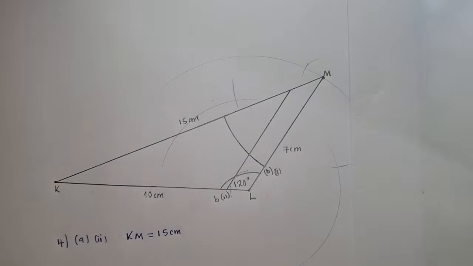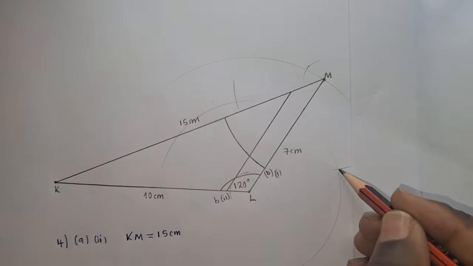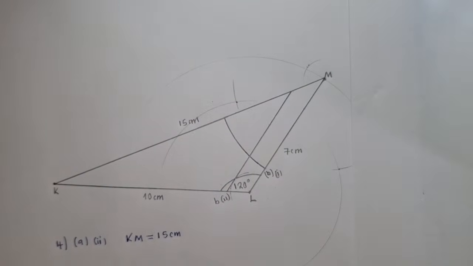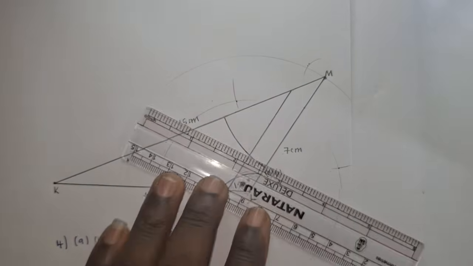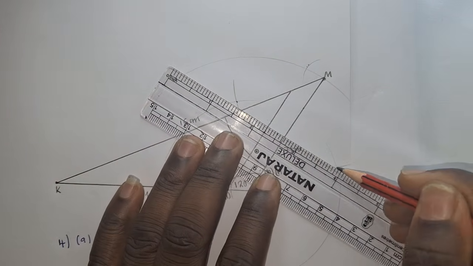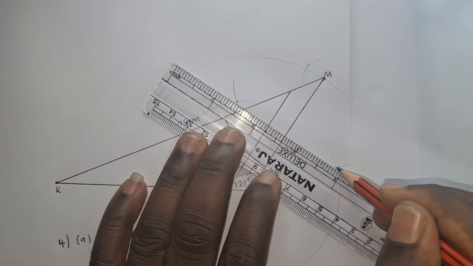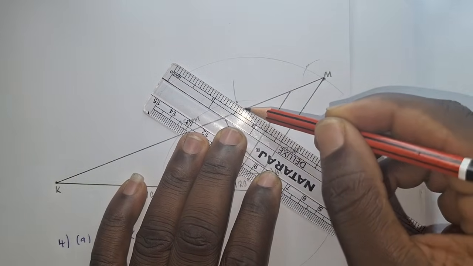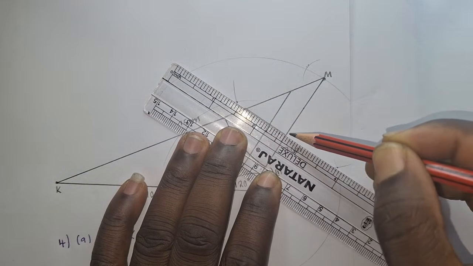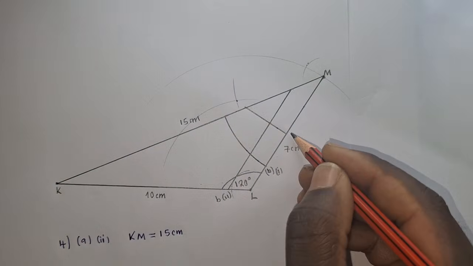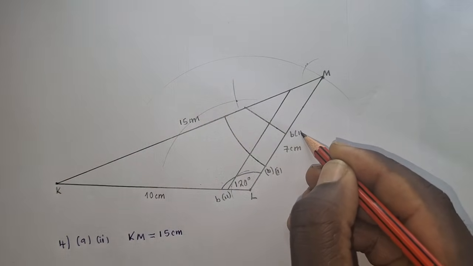You can see I wanted to find the intersection of these arcs, this point and this point, to help me determine the center of this line. So I now know that the center of this line will pass through here and here. So that means the line will be like this. Okay? So this is B3.